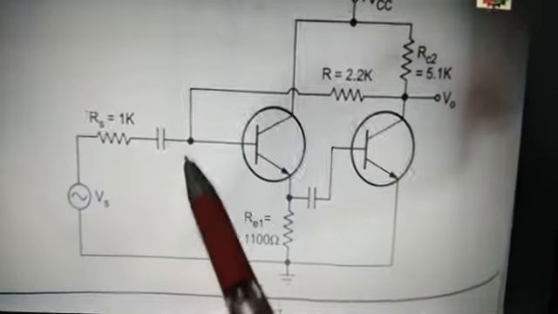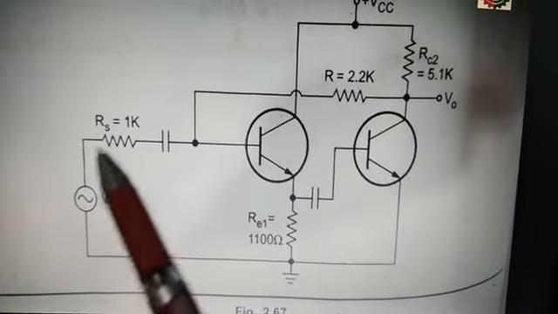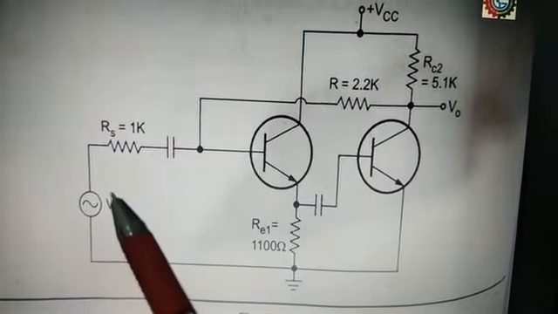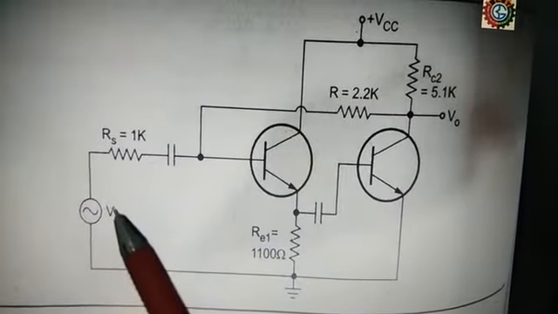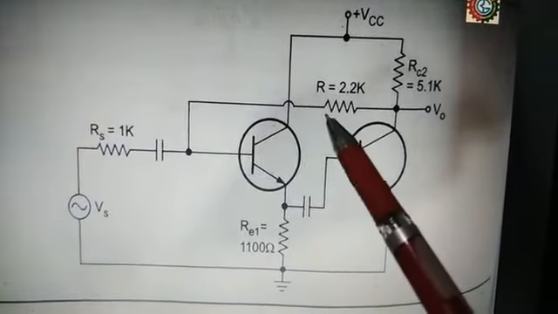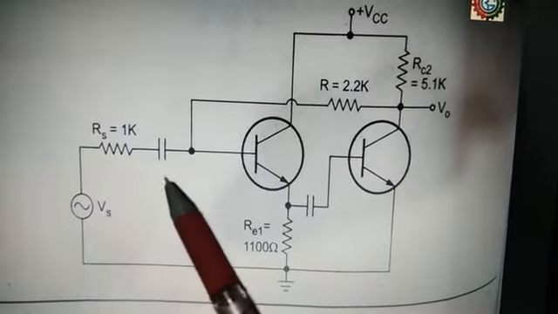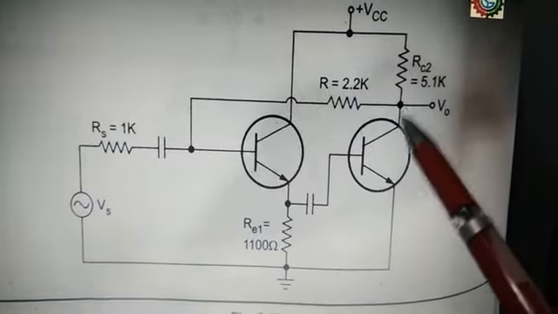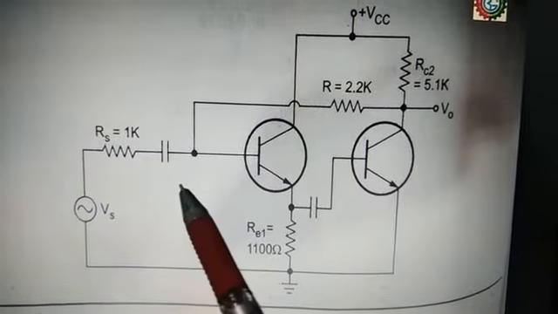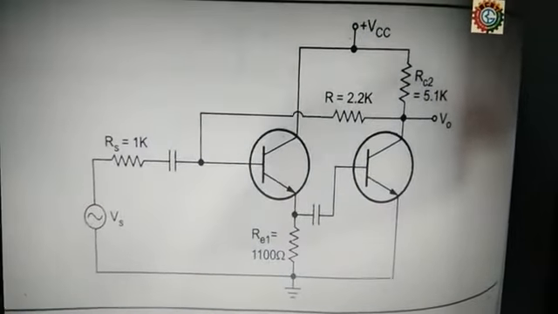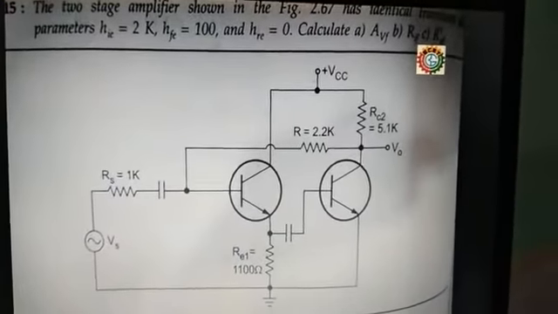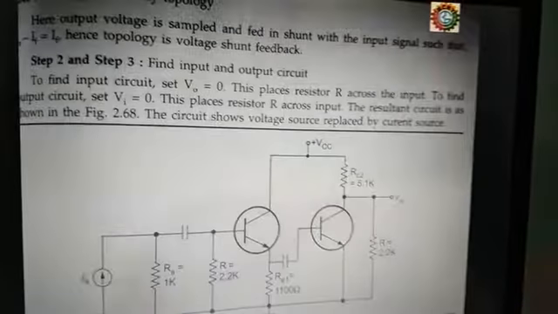This current is in parallel with the current source formed by this voltage source and resistance, that is the Norton equivalent. So the current due to the Norton equivalent is parallel to the current IF here, and hence here it is a shunt and here it is a voltage. So this is also a voltage shunt feedback. That is important to identify the topology. So the given circuit is a voltage shunt feedback.